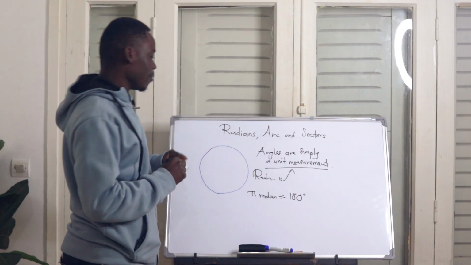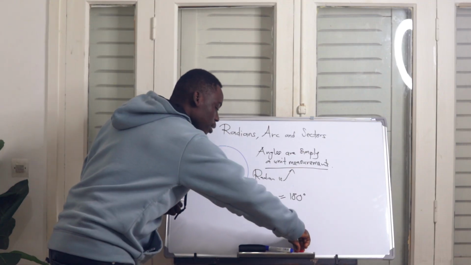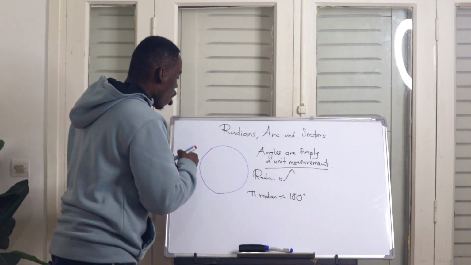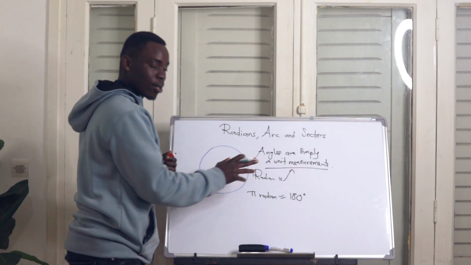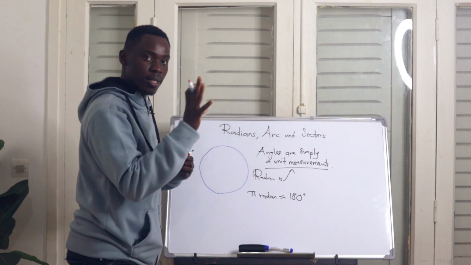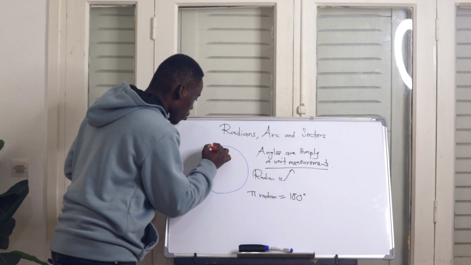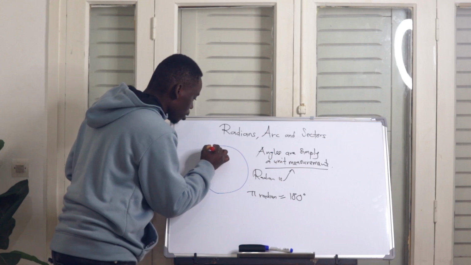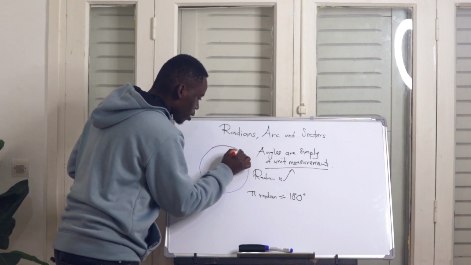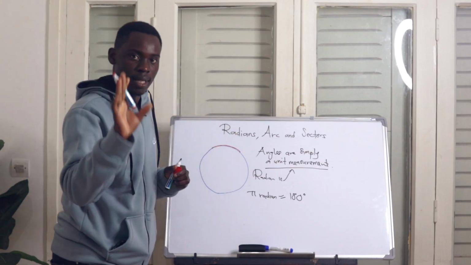Now, what is an arc? An arc is a curve on a circle, not the whole circle, just a part of the curve. So for instance, from this point to this point, this is an arc.